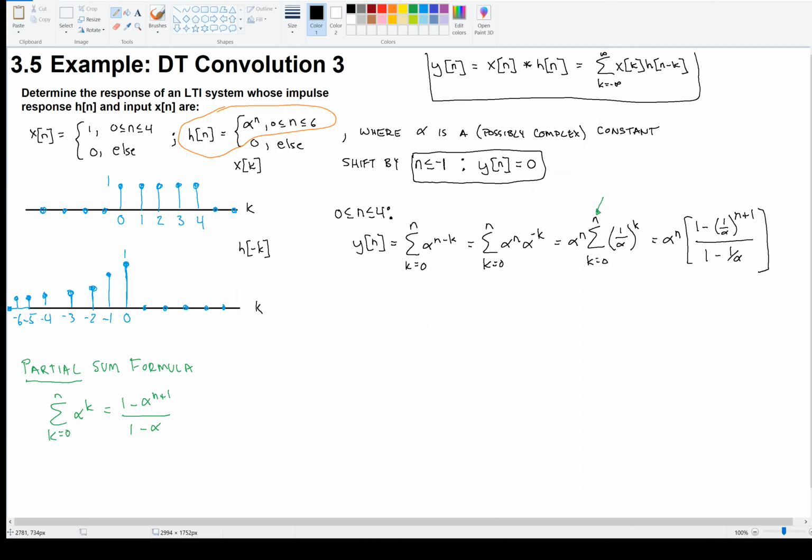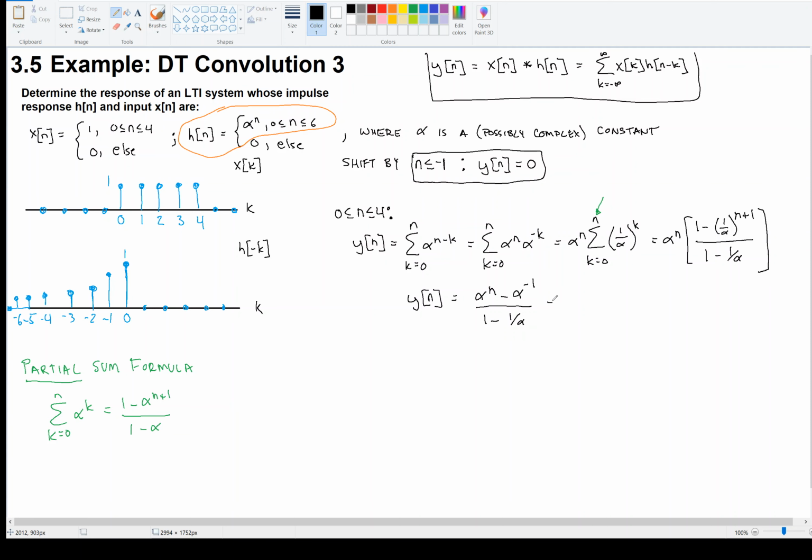Okay? And so if I like, I can distribute, just to simplify this a little bit, distribute the alpha to the n in. So this is alpha to the n minus alpha to the n divided by alpha to the n plus 1. So that's alpha to the minus 1, right? Same bases, subtract the exponents, over 1 minus 1 over alpha.